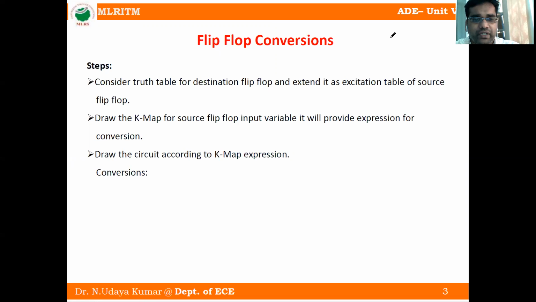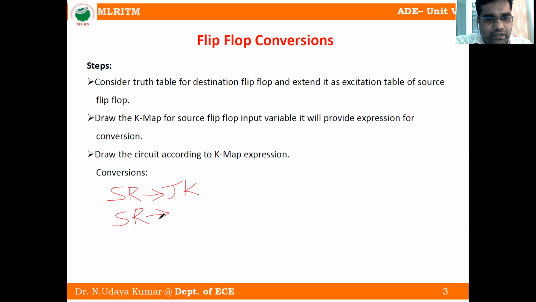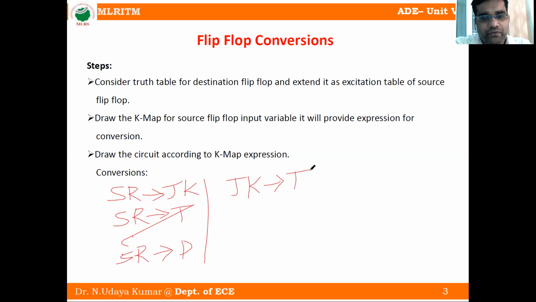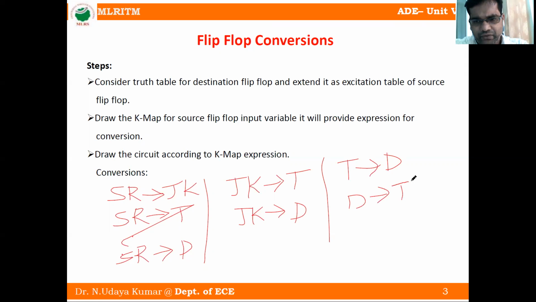So here, for example, the conversions are SR to JK, then SR to T, SR to D, and JK flip-flop to T flip-flop, JK flip-flop to D flip-flop, T flip-flop to D flip-flop, and D flip-flop to T flip-flop.